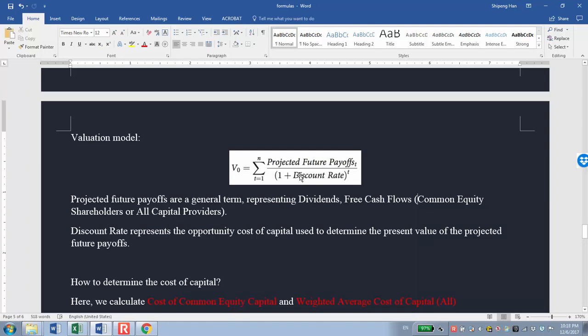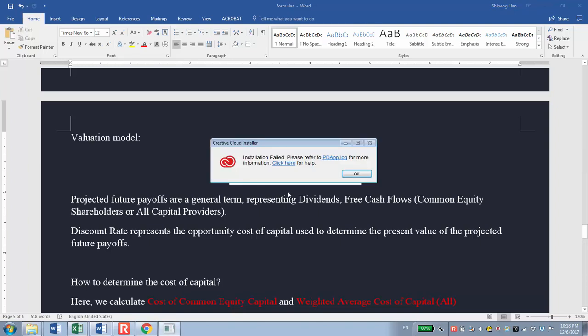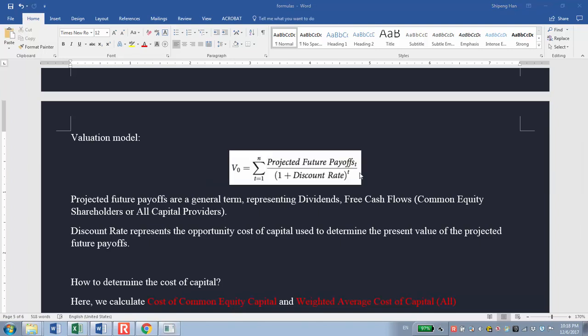The other one is the discount rate. For dividends and free cash flow available for common equity shareholders, we use the return on common equity as a discount rate, because both dividends and the free cash flow for common equity shareholders are all returns for common equity holders.